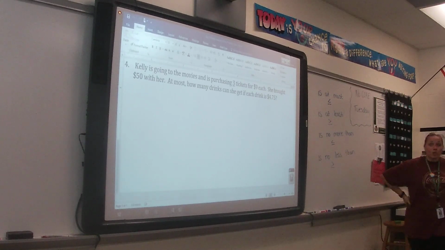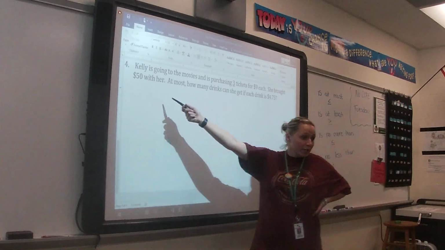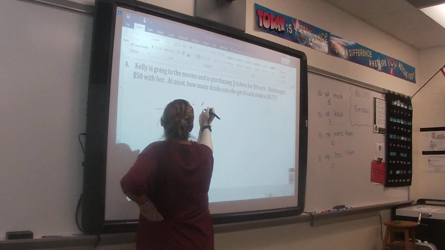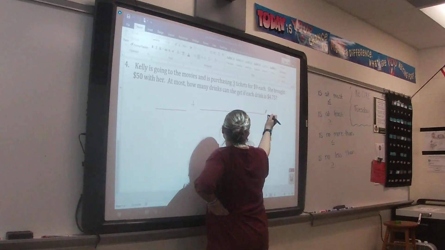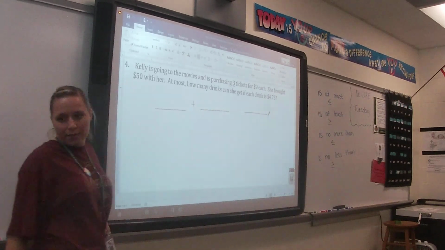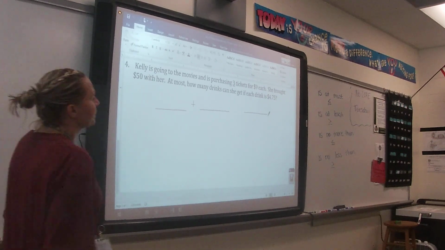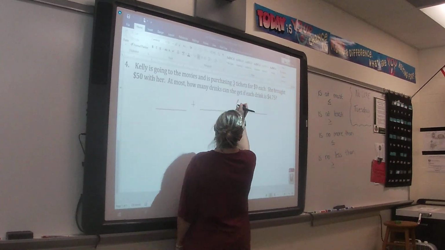A total, because she has a total of $50 she can spend. So this is going to be a blank plus blank equals blank, but I'm not filling in an equal sign. Because what word is telling me I do not want to use an equal sign? At most. And so what do I want to fill in instead? Less than or equal to.